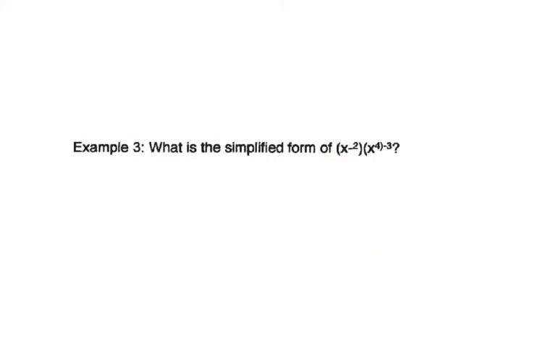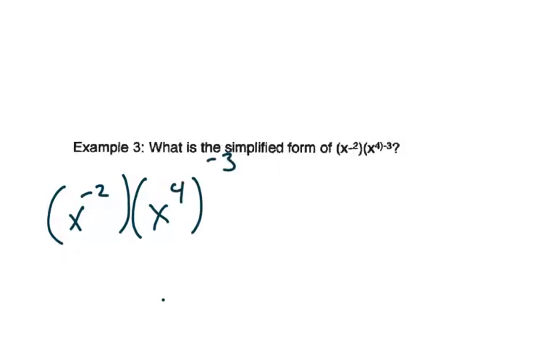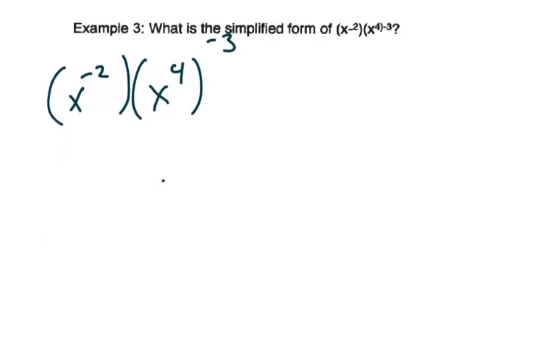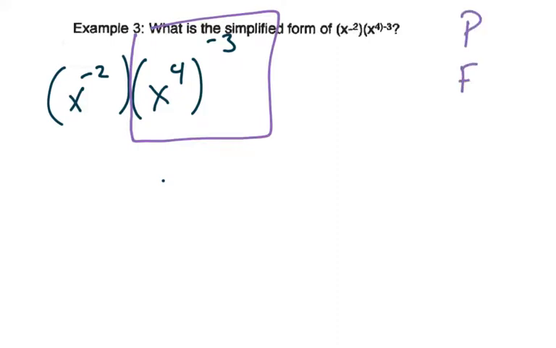What is the simplified form of, I'm going to rewrite this just to be clear, x to the negative 2 times x to the 4th raised to the negative 3? The way they wrote that was kind of weird. So my advice here, well, let's clean this up first. And notice we're still actually following PEMDAS. That's the cool thing about this. You're always doing PEMDAS.